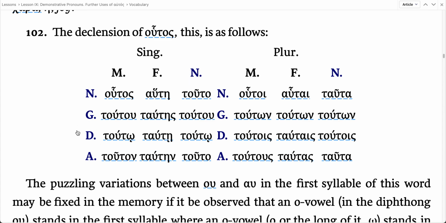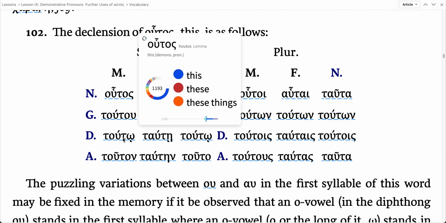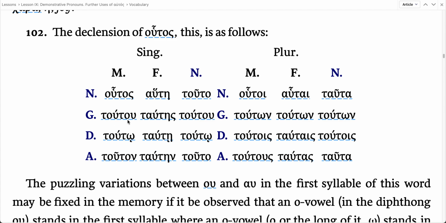So they're all different by case because it's set up like a pronoun and like adjectives when it comes to how it works. So you have houtos, haute, touto, toutou, tautes, toutou, touto.